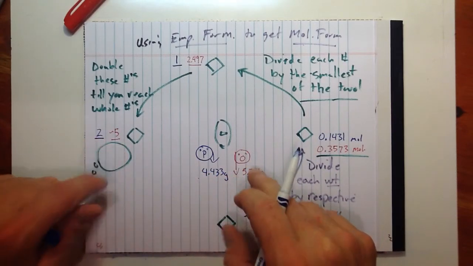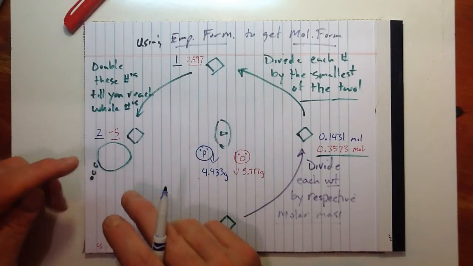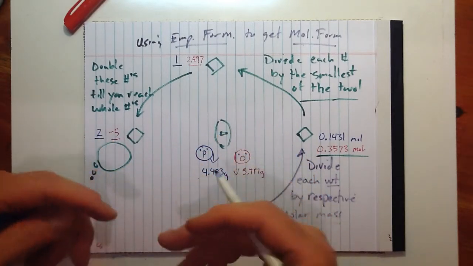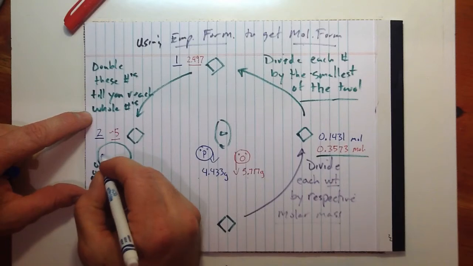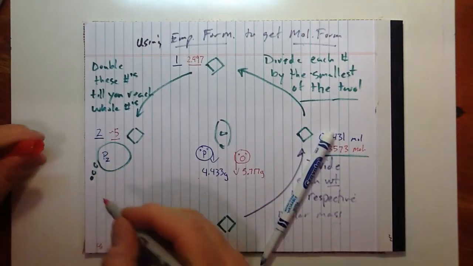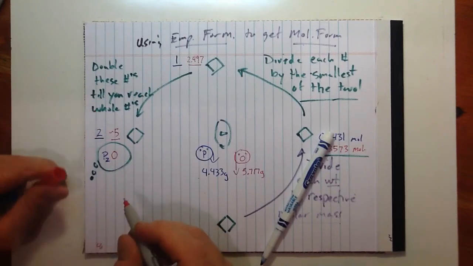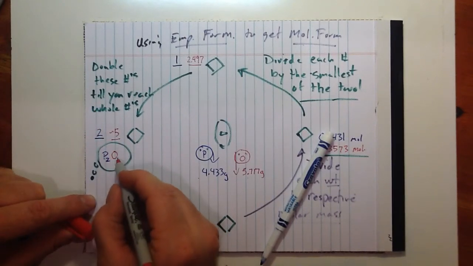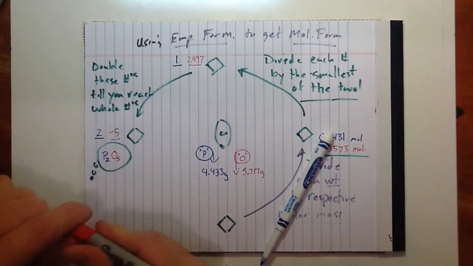We know now not how many are in the molecule, but the smallest whole number ratio. It would be P2, you can guess it, O, hope you can guess, 5.